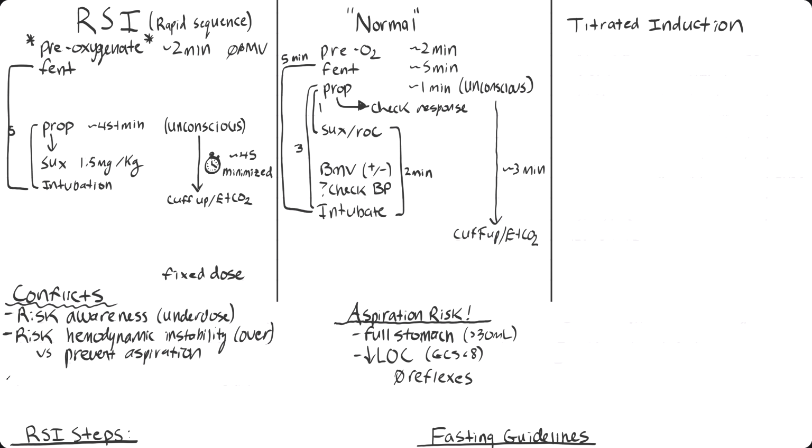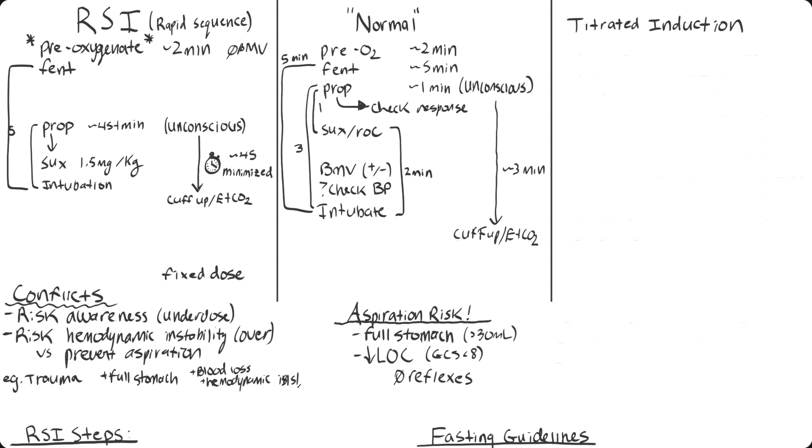Consider the example of a trauma patient who will be full stomach because they just had a burger, and because they're trauma, they also have delayed gastric emptying. But they also have blood loss from somewhere, so maybe an intraperitoneal bleed or a long bone fracture, and therefore they have some degree of hemodynamic instability as well.